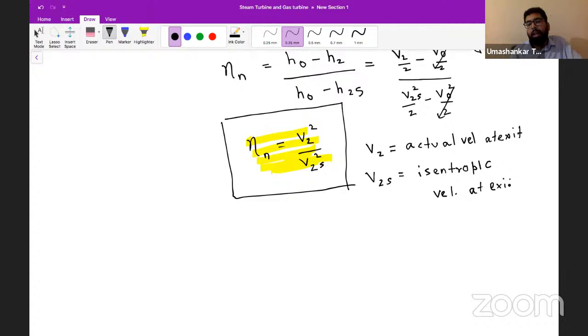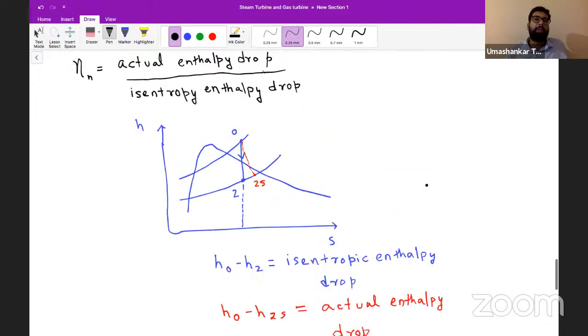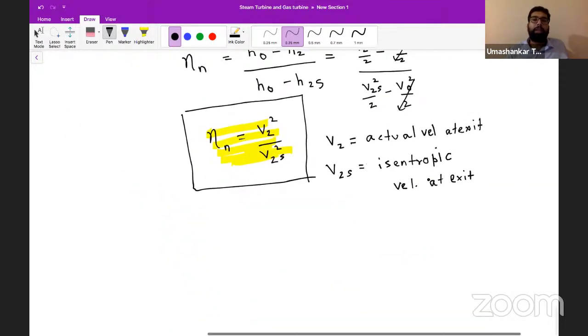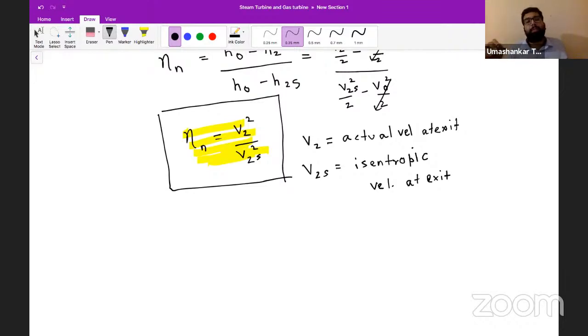Whatever we have done till now, we were finding the isentropic velocities and everything in isentropic conditions. So if isentropic conditions do not happen in actual, or in any question, you will be given a term as nozzle efficiency, or sometimes in general we call it isentropic efficiency. You can relate it in terms of velocity, or in terms of enthalpy drop. Or here we can define a coefficient as well: phi is equal to V2 upon V2s.